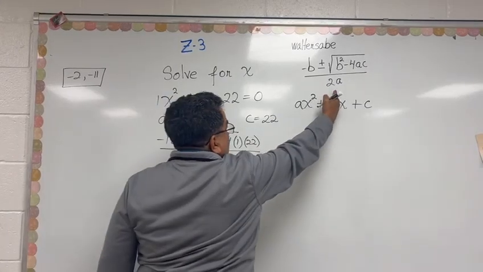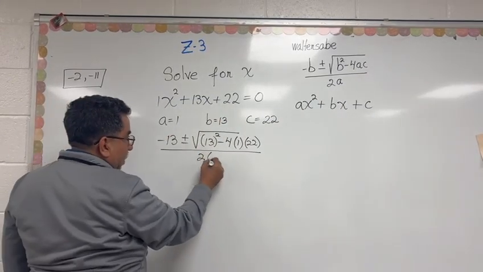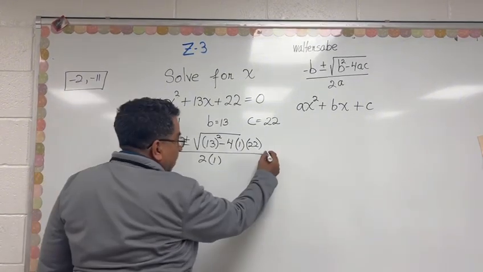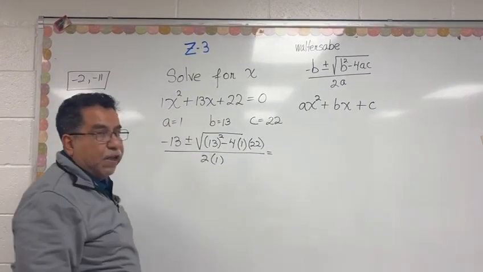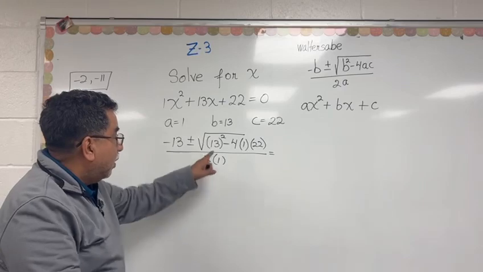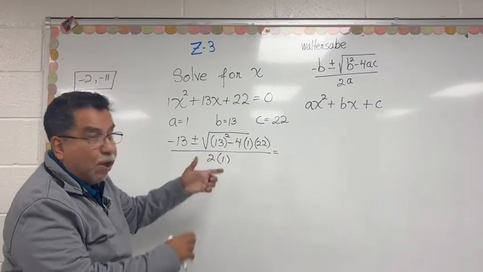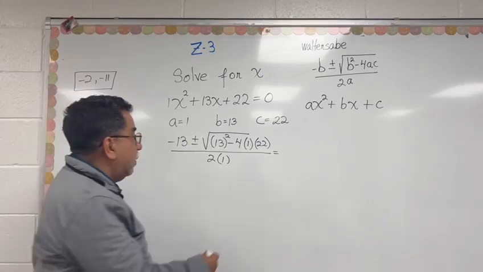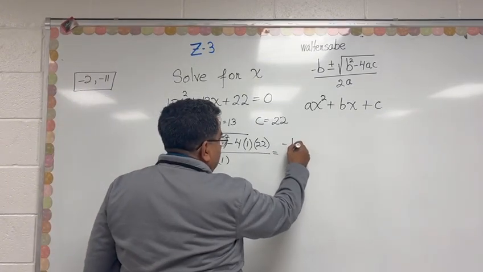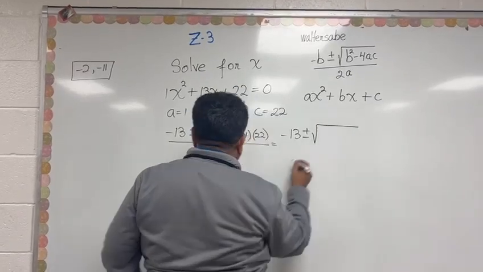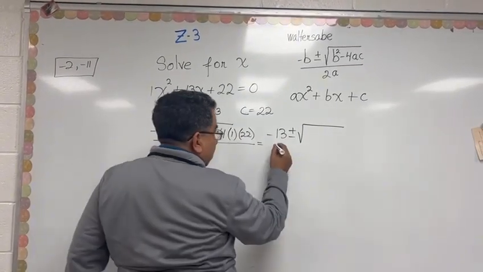Two times the value of a, 2 times 1, and let's solve for this. So next step, using the calculator, we need to solve this number. We can plug in everything in one step. Negative 13 plus or minus the square root. 2 times 1 will give you 2.